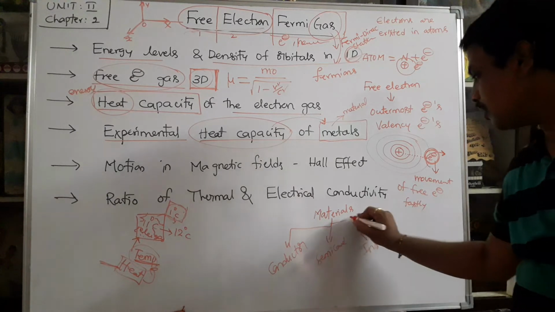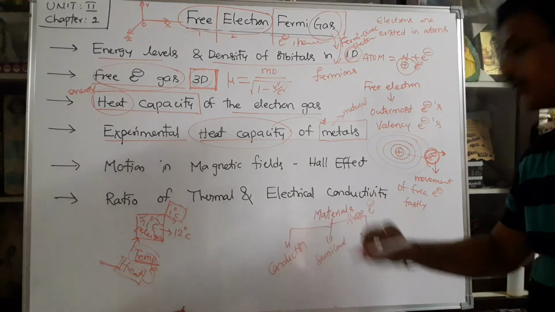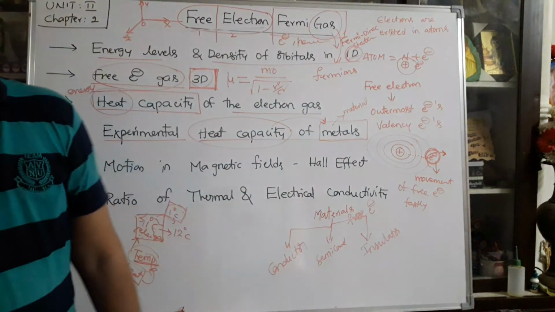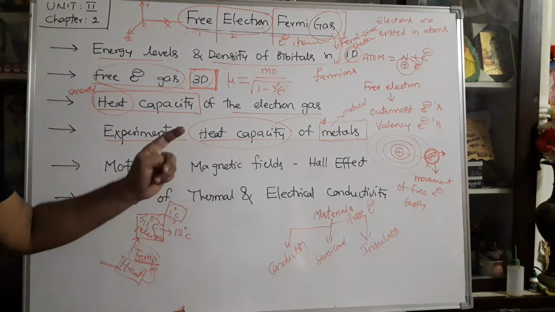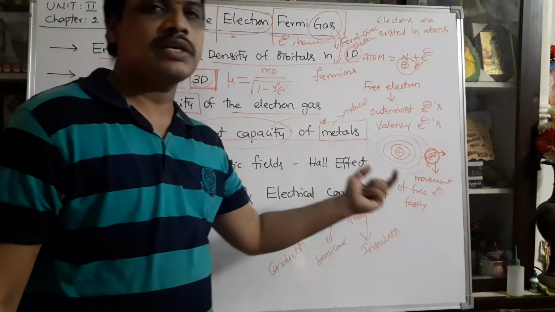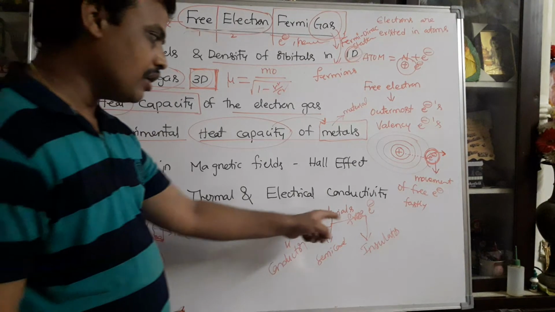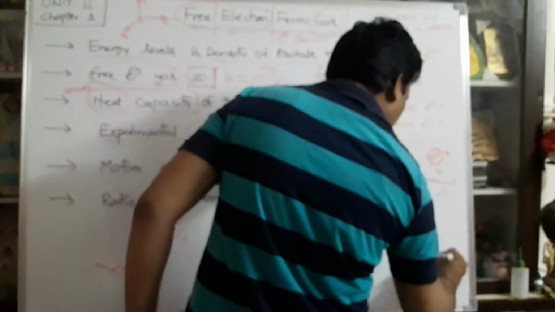So, depending on the free electrons in the material, the materials are classified, according to the textbook point of view, into 3 types: conductors, semiconductors, insulators. According to the concept point of view, depending on free electron state, materials are classified into 4 types.